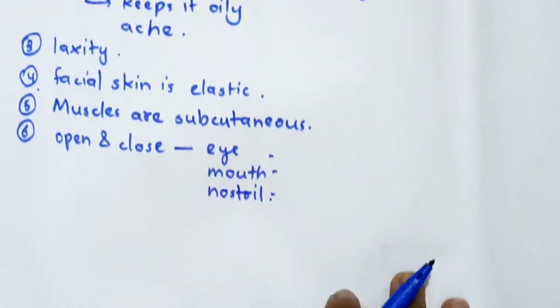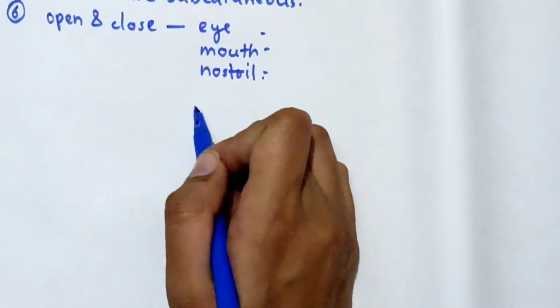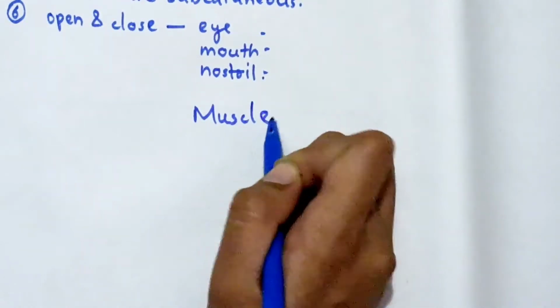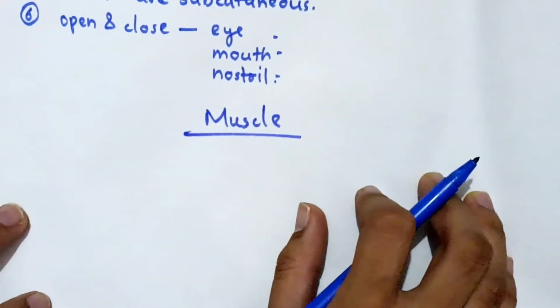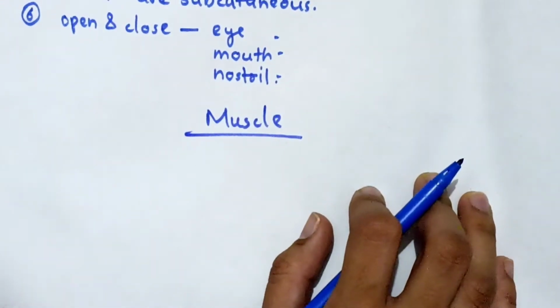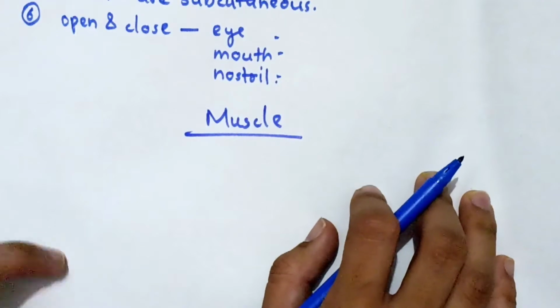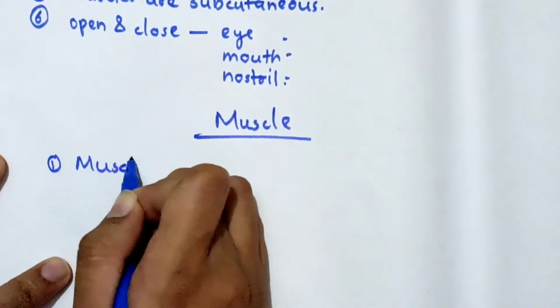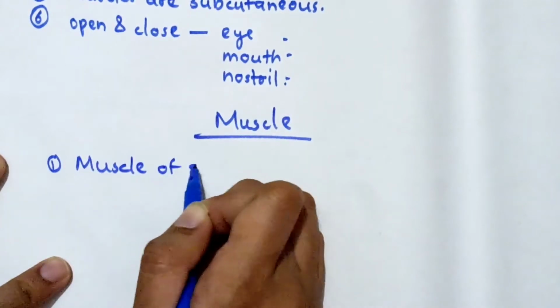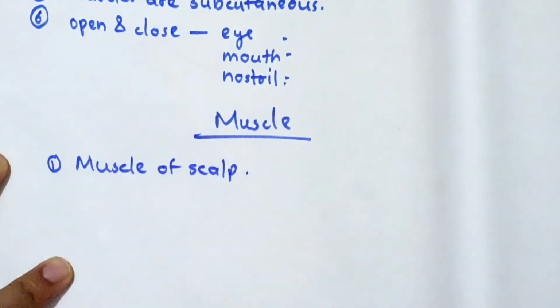Now let's start with the muscles. The muscles are divided into 4 or 5 groups for study purposes. First is the muscle of the scalp.